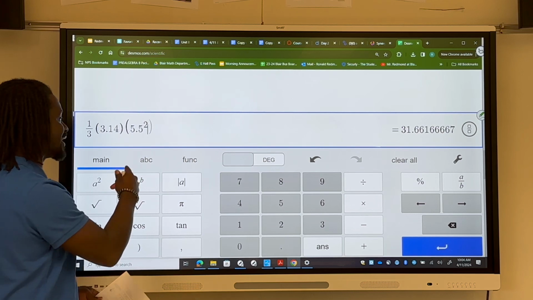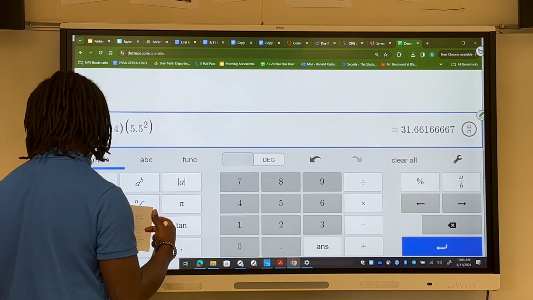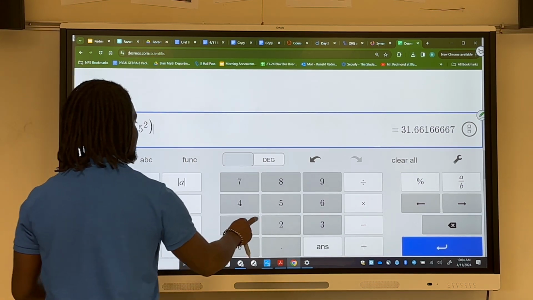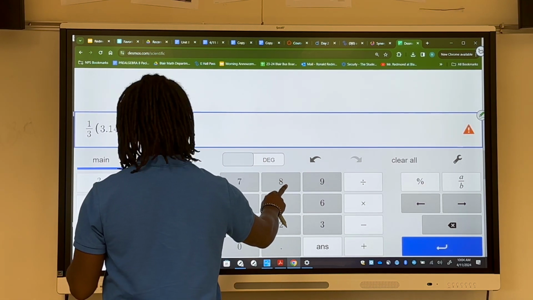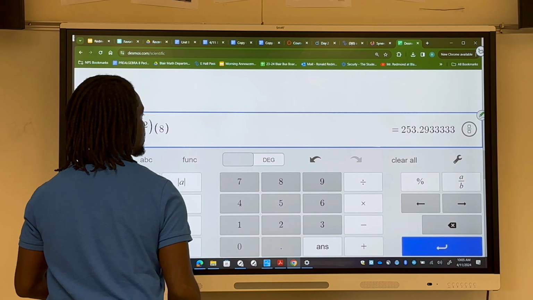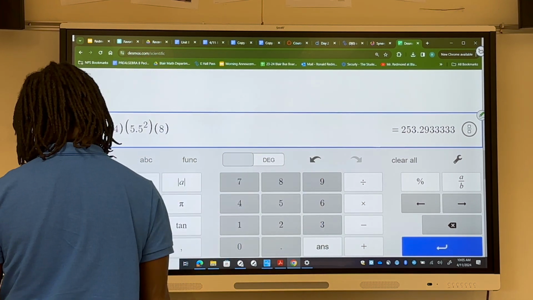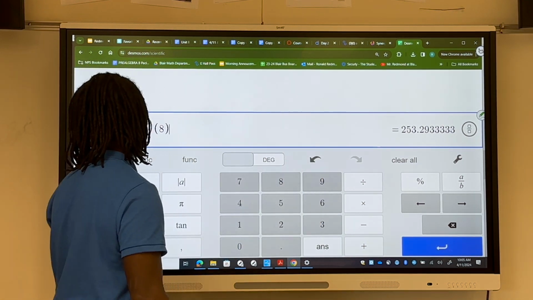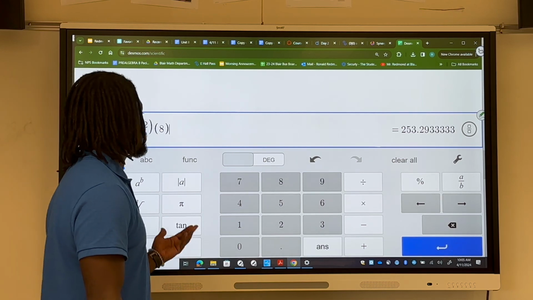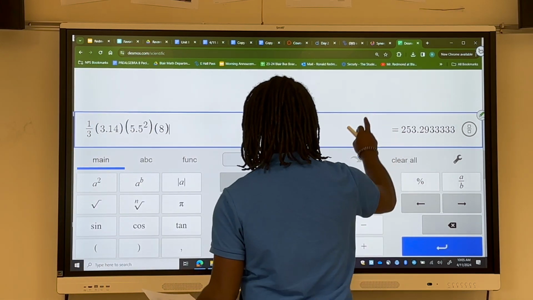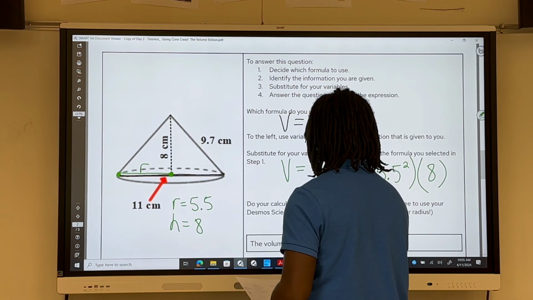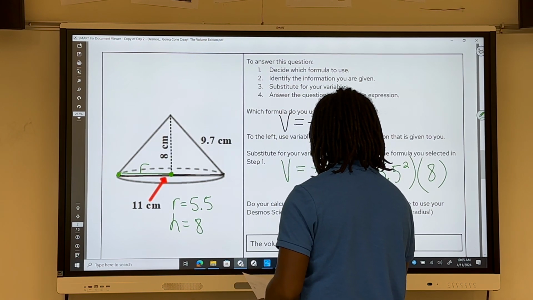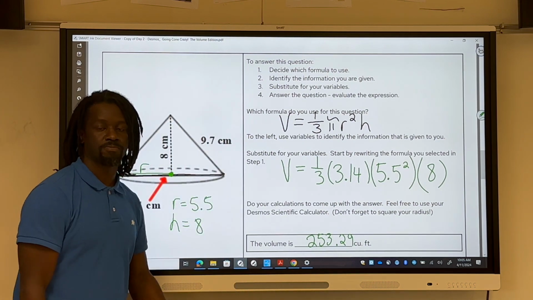Again, don't forget to square that. Okay, this is the radius squared, and then times 8. And that gives me 253.29, and that is my answer. That is the answer. So 253.29 is the volume. Okay.